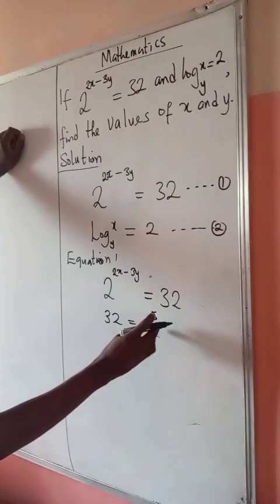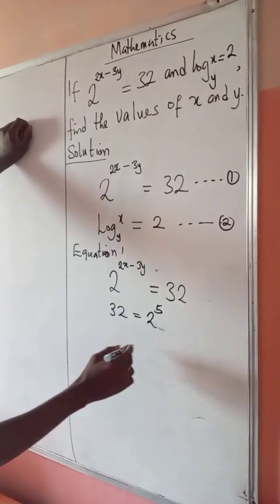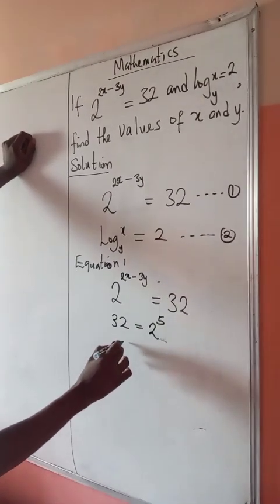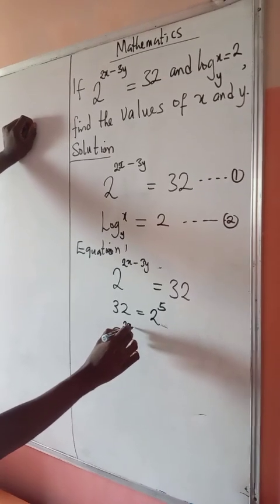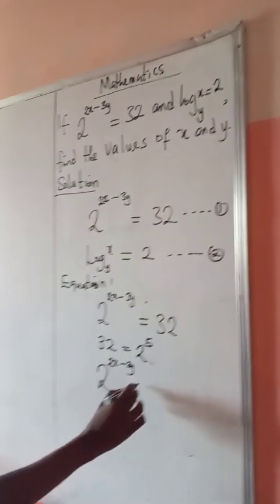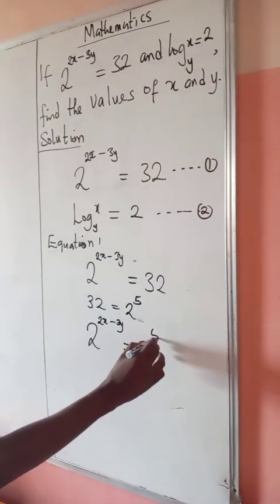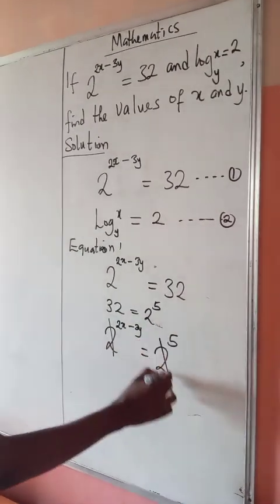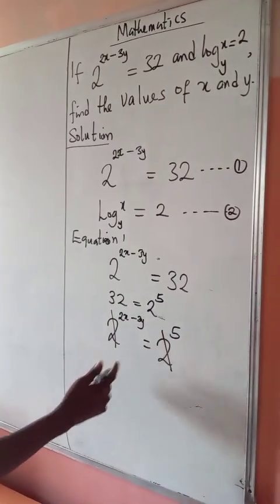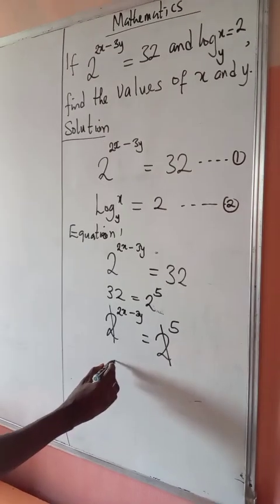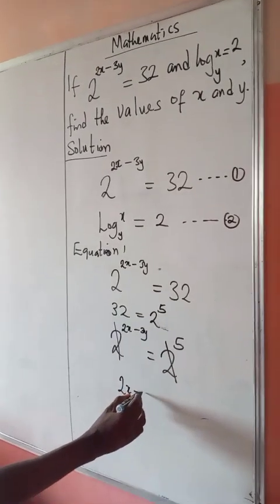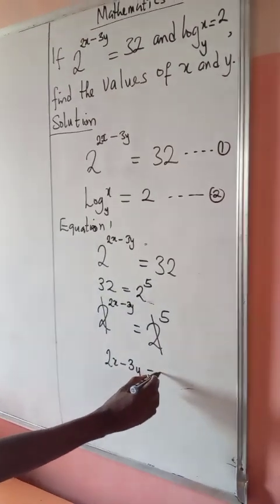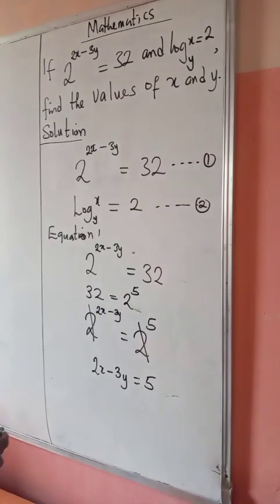So let me replace 32 with 2 to the power of 5. So we have 2 raised to the power of 2x minus 3y is equal to 2 to the power of 5. So 2 cancels 2 because they have the same base. Therefore 2x minus 3y is equal to 5.